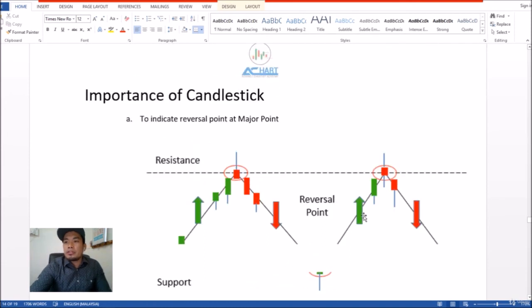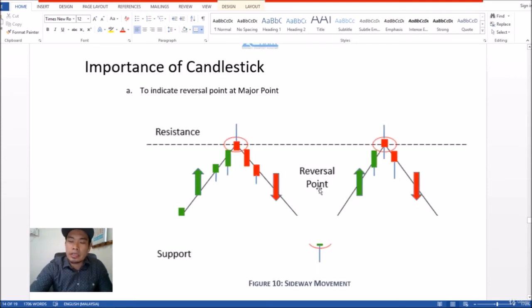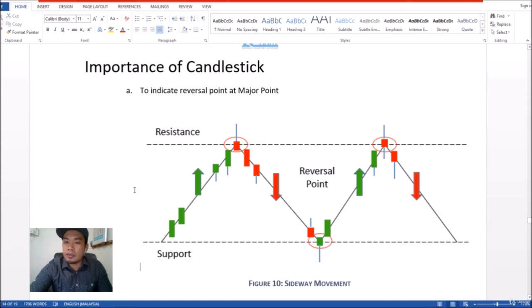Now, the importance of candlesticks. Over several years in the market, candlesticks have been used mainly as a price reversal indicator at anticipated points.